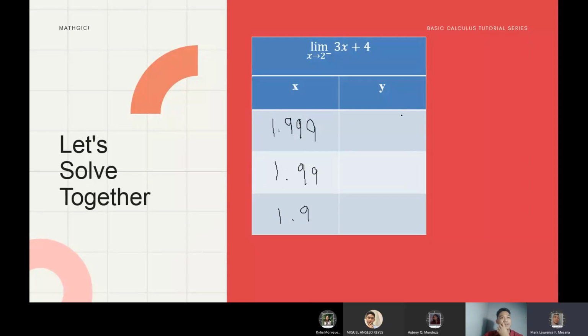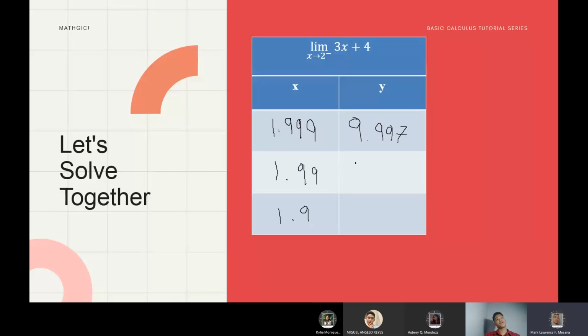We will get the value of y, or the value of the limit, by substituting these x values into our equation. When we substitute, we have 3 times 1.999 plus 4, which gives 9.997.